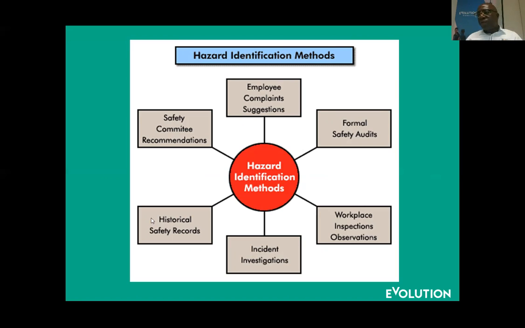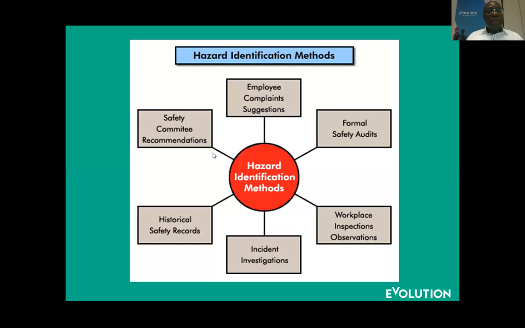Historical safety records from your work. You might also look at those stats and say, well, we had 7 people injured last year using this equipment, or we had 3 people fall down, trip in the kitchen when the floors were wet. And that will tell you that your floor is very slippery and you need to do something about it. Maybe more signage, or maybe you need to change the floor lining, or you need to put more signs for people to be aware.